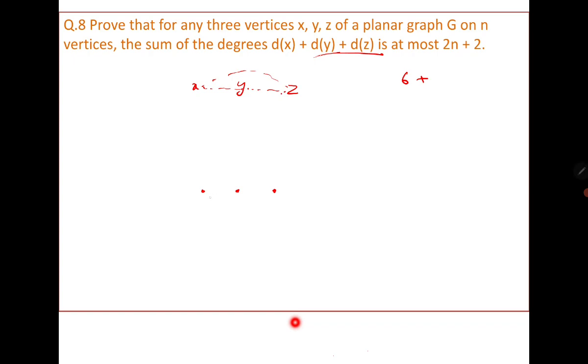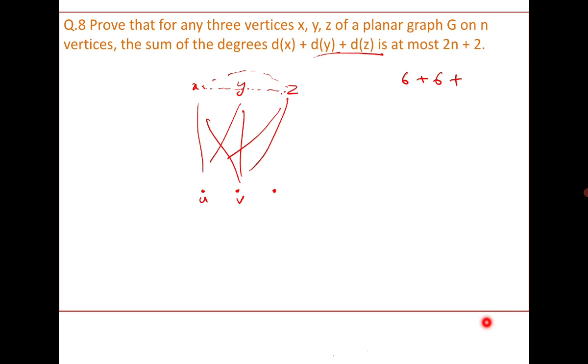It means there could be only 2 vertices, let's say u and v, which can be adjacent to x, y, z. This is the worst case. So x can be adjacent to u and v, y can be adjacent to u and v, and z can be adjacent to u and v. So a maximum of 6 can be added to the degree sum of x, y, z.